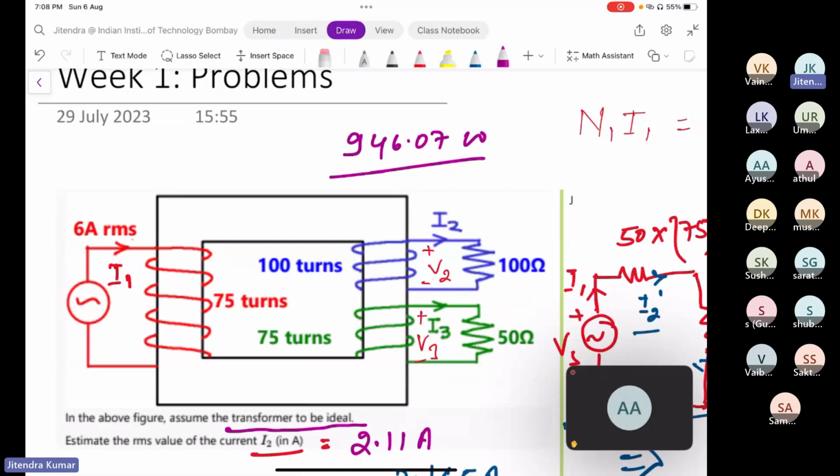Yes, we cannot draw it because it is not a two winding transformer, and if each winding had the same turns, then we could draw it. If there is a three winding transformer and any person has no idea about the basic concept of voltage per turn, which basically comes from referring the circuit from one side to the secondary side using the transformation ratio, then how can we calculate?